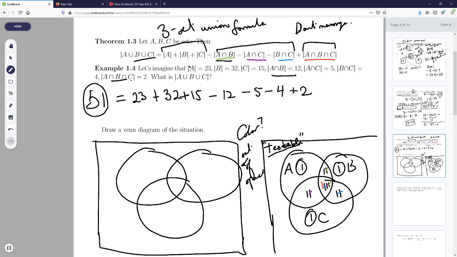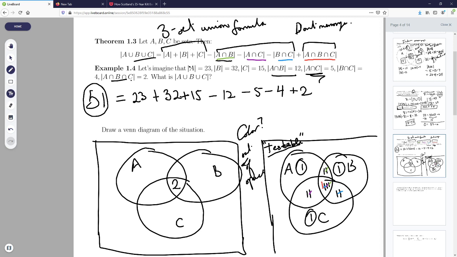Okay. So what I'm going to do is I'm going to put 2 in this thing. That shouldn't be terribly surprising because 2 is A intersection B intersection C. But then let's take A intersection C first. A intersection C has 5 things in it, but I already have 2 sitting in here.